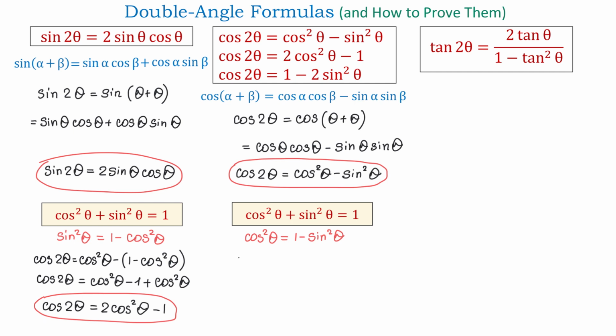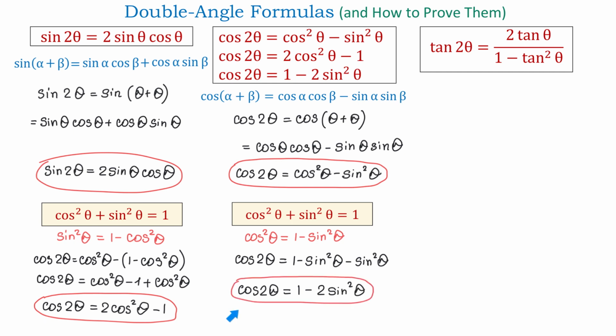Then we will have that cosine of 2 theta equals 1 minus sine squared of theta minus another sine squared of theta. Then cosine of 2 theta equals 1 minus 2 sine squared of theta. And this is the third form of the double angle formula for cosine.